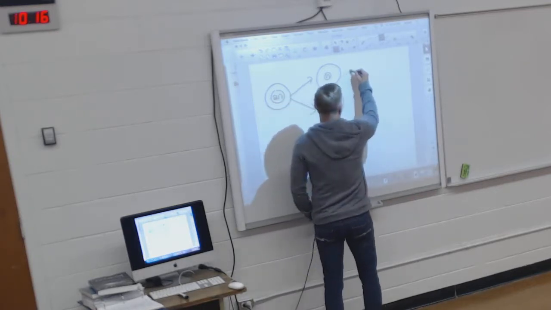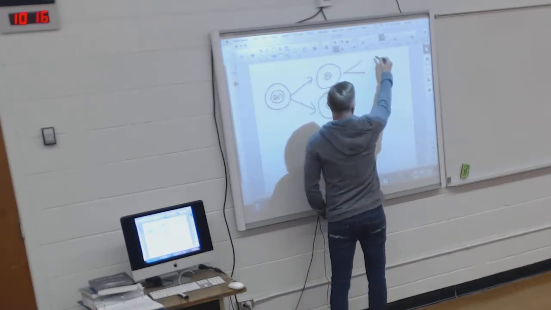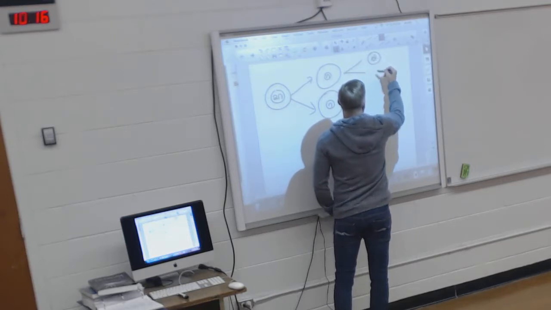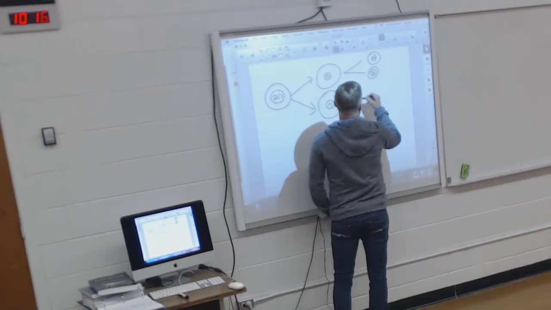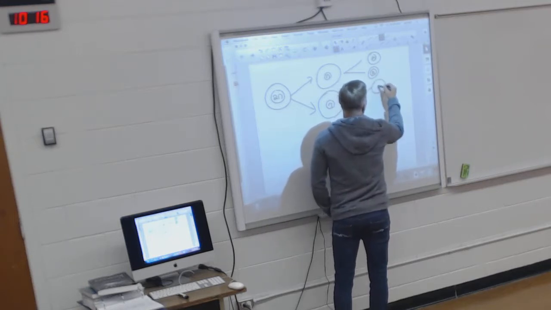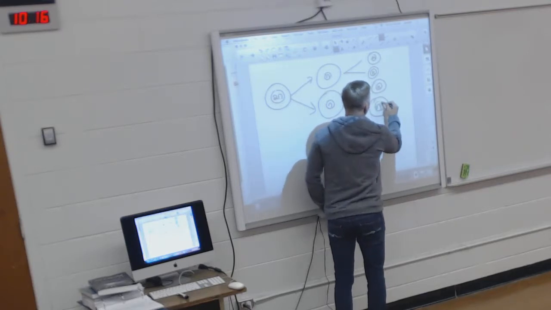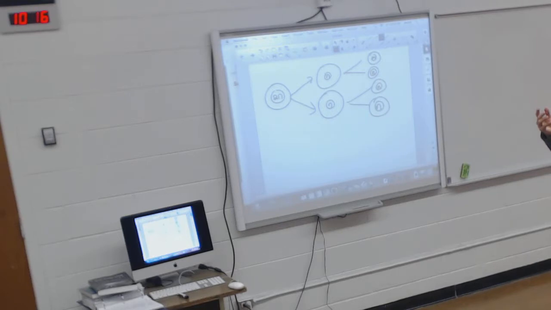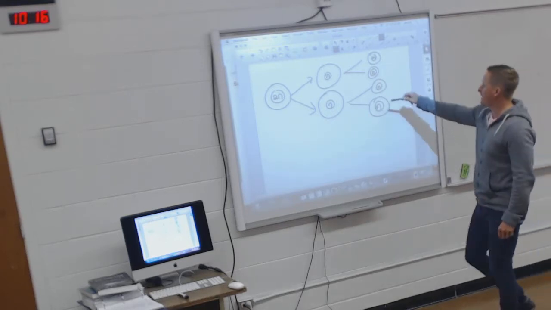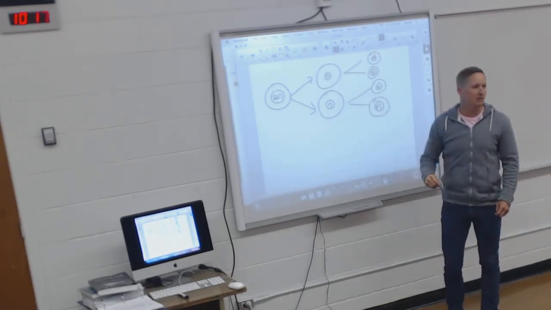Then it splits up and allows us to reproduce. So we end up with four haploid cells in which you still have the genetics of mom and dad. You have part of mom and part of dad in all these haploid cells.